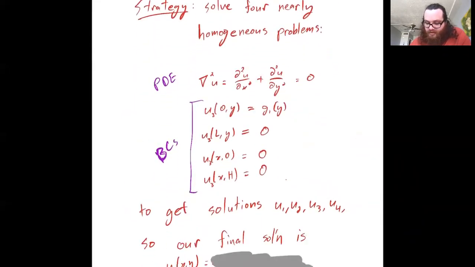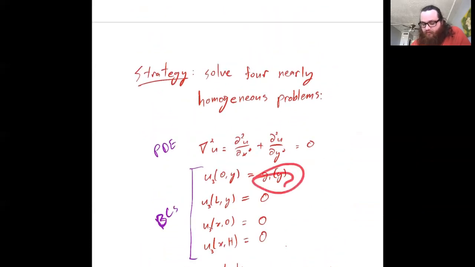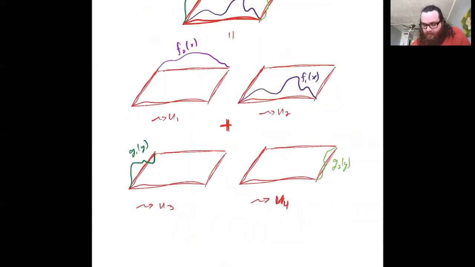Right. So, for example, we're going to solve this one where we say u is going to be g1 of y at the left boundary segment, but then u is going to be 0 everywhere else. Okay. So going back up to the picture, g1 of y is non-zero, and so this is the problem that we're going to solve.